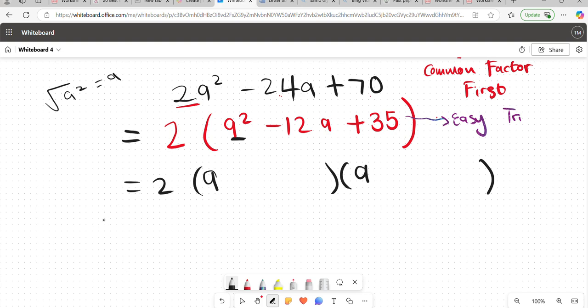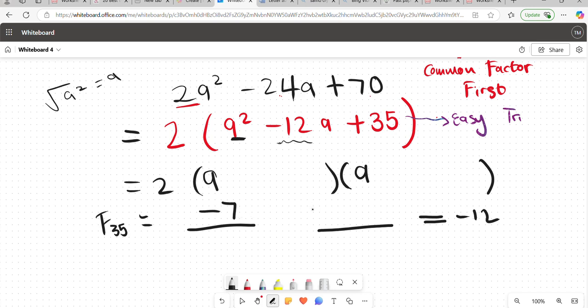Then I need the factors of 35. But which factors am I looking for? I'm looking for two numbers that multiply to give me 35, but they need to add to give me this negative 12 there. So for 35, I'm thinking 5 and 7. Yes, it's definitely 5 and 7, but you need to make sure the signs are correct.